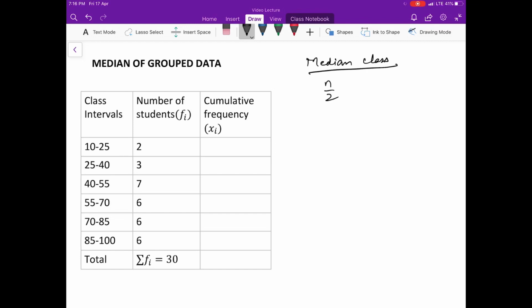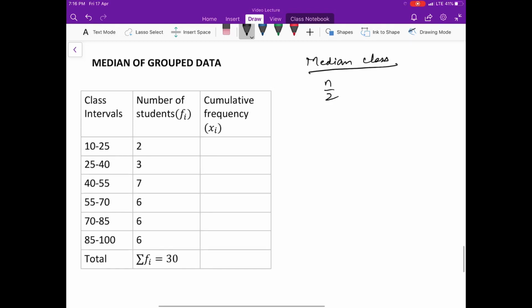Here n is the number of observations, which is 30, the sigma fi, so n by 2 is 15. So the class which has cumulative frequency just higher than 15 will be the median class.